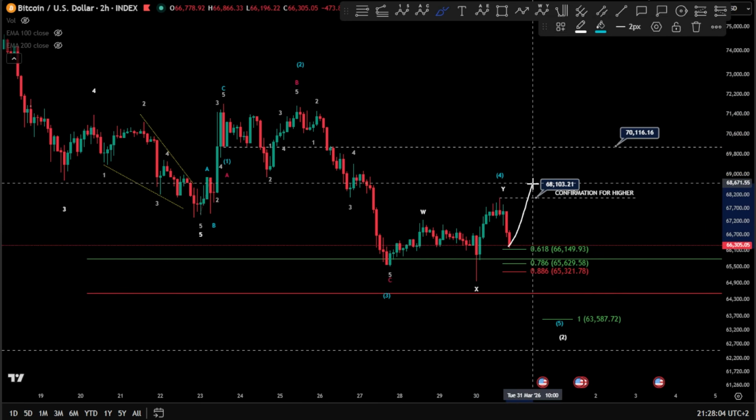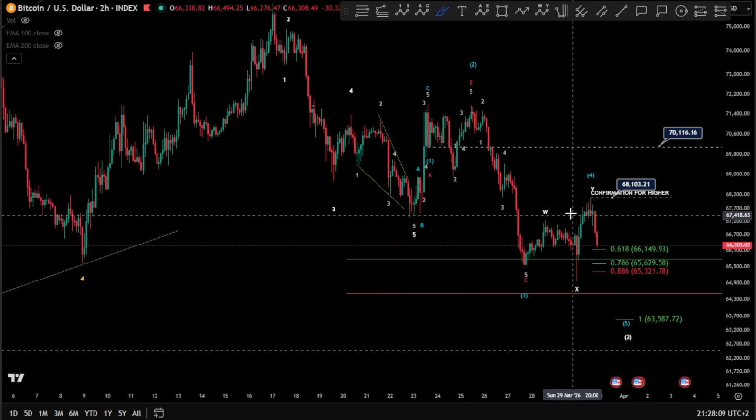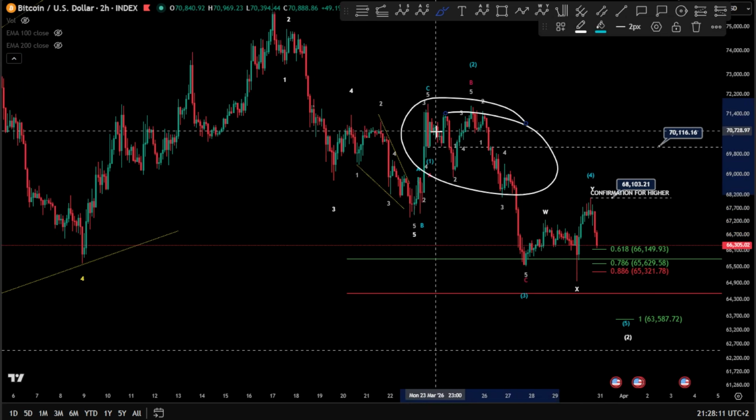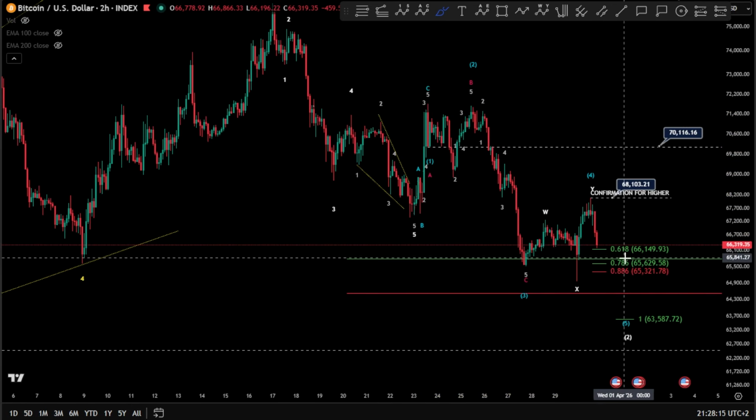Don't forget, if we do this, we might reach directly the 70K, which is already an invalidation for this wave 1, 2, 3, 4, and a 5.